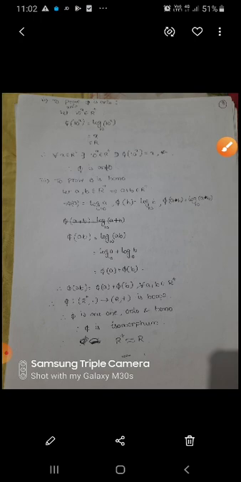Next, to prove phi is onto, let x belong to R. Then 10 power x belongs to R plus.